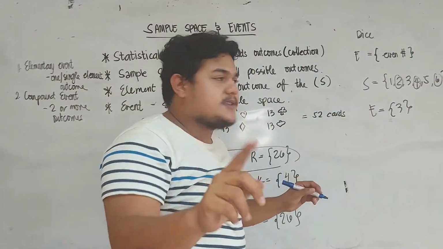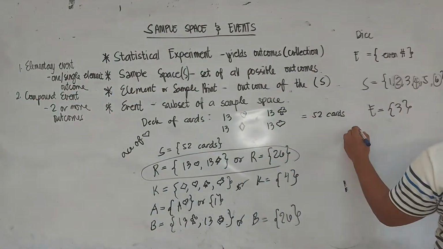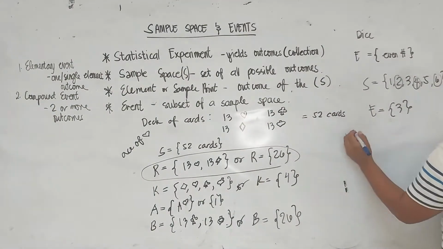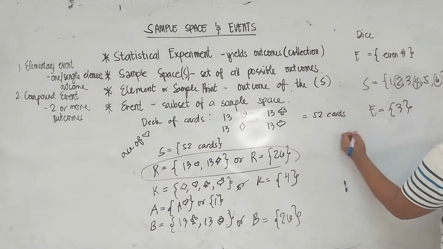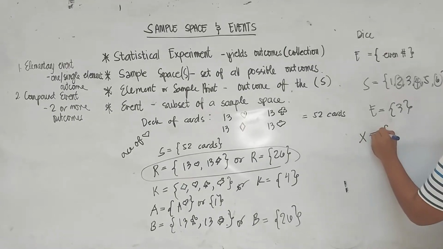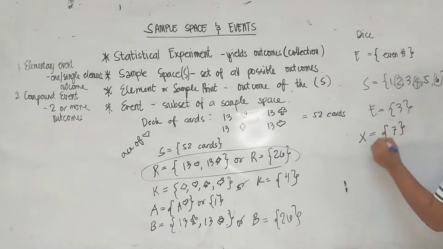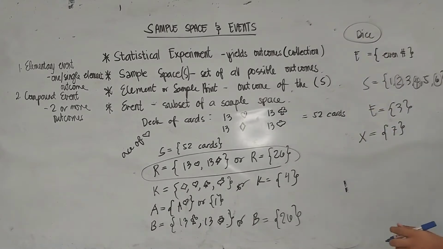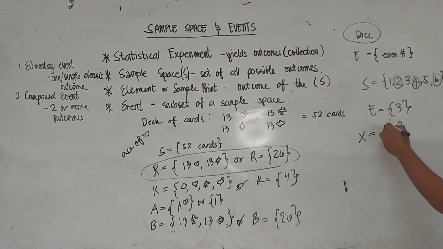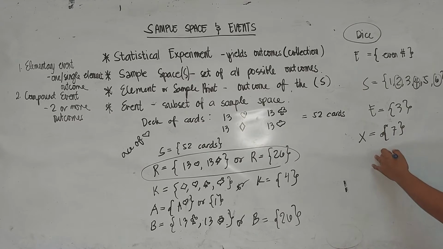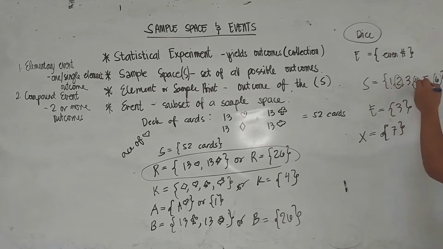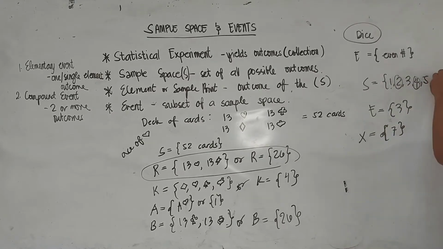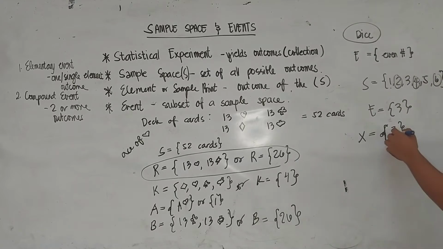But if I will say, example in a dice, let X be the probability of getting a 7. Again in tossing a dice, let X be the probability of getting a 7. Di ba ang sample space ito kay 1, 2, 3, 4, 5, 6, walay 7. Therefore, this event does not exist.